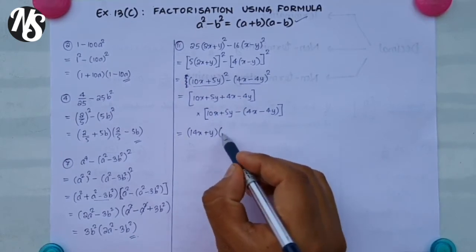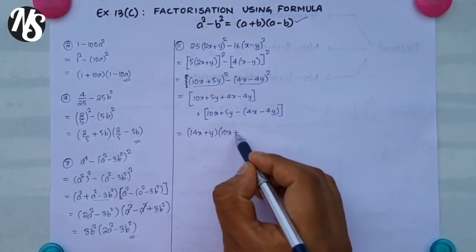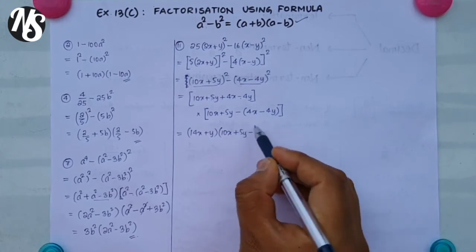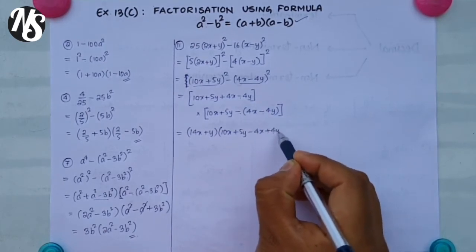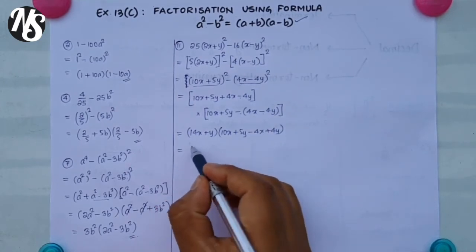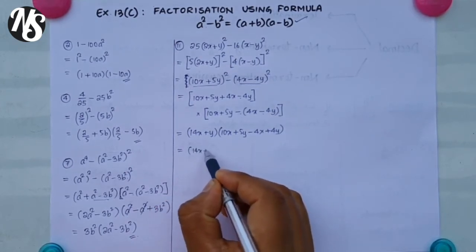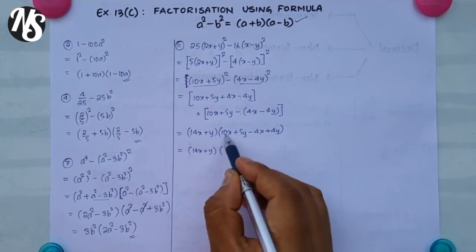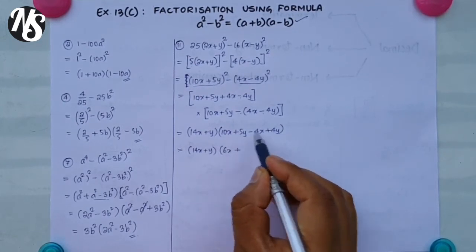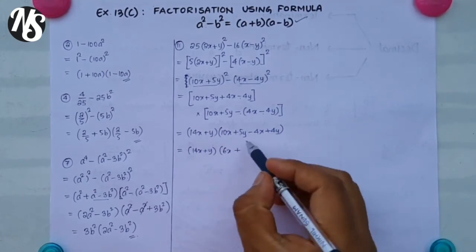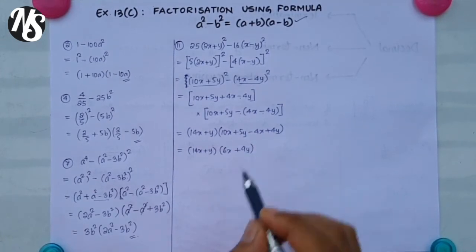From the second one, after opening the bracket, 10x plus 5y minus 4x, minus into minus becomes plus 4y. So we have 14x plus y in front. So 10x minus 4x is 6x, 5y plus 4y is 9y, isn't it?